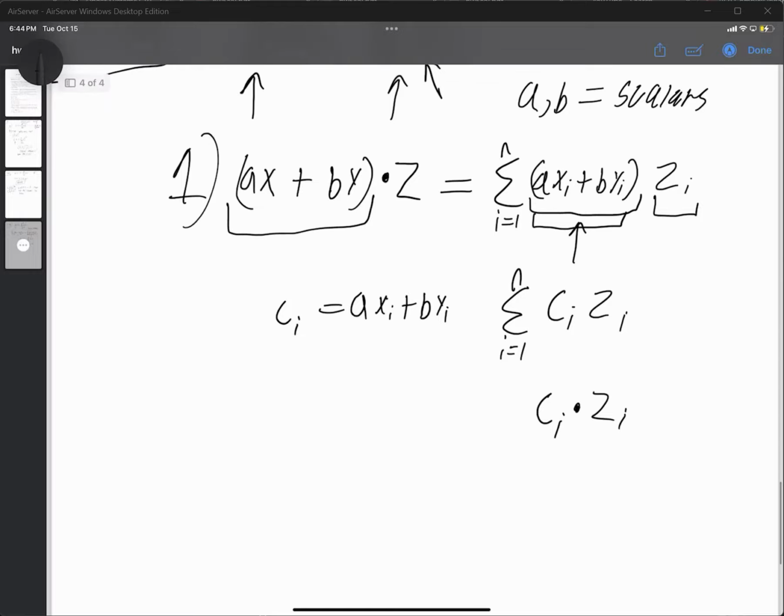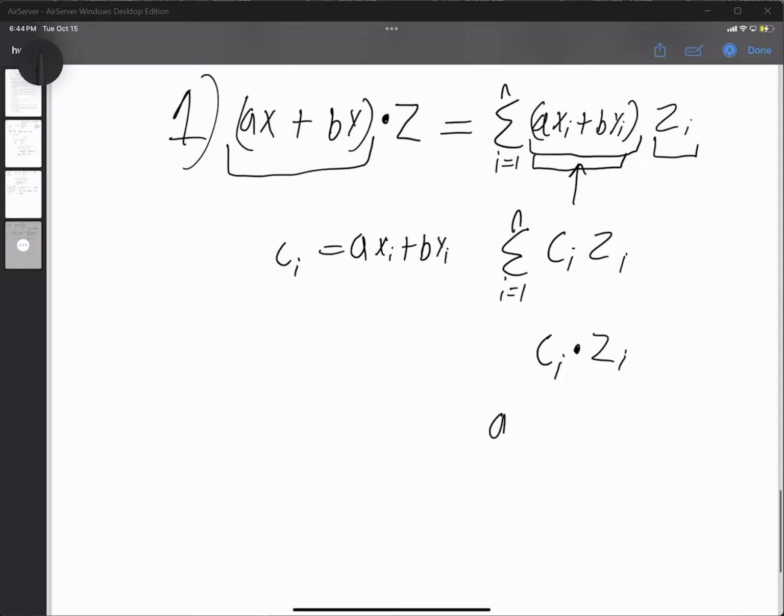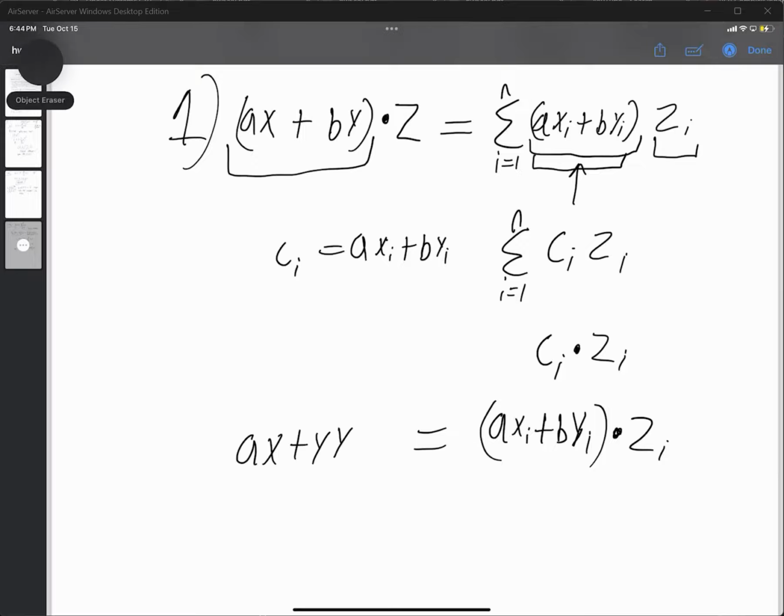And then we plug it back in. CI is equal to, when you convert it to the dot product, that little I goes away, right? And C would be equal to AX plus BY.